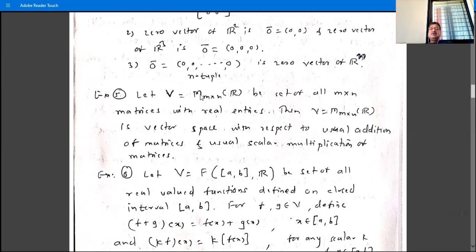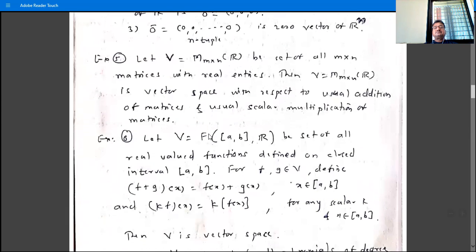This is the notation capital M cross N R. Then this M by N R is a vector space with respect to the usual addition of matrices and the usual scalar multiplication of matrices, that is, one number scalar and one matrix. So similar to M2 by 2 R, this is a vector space.